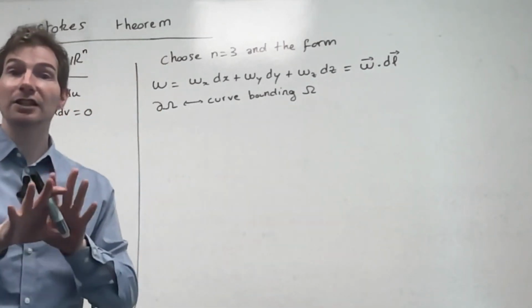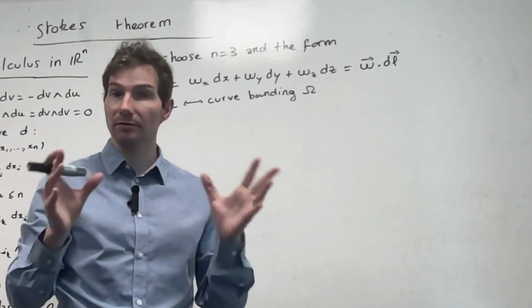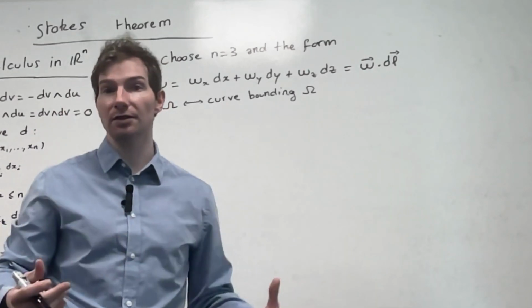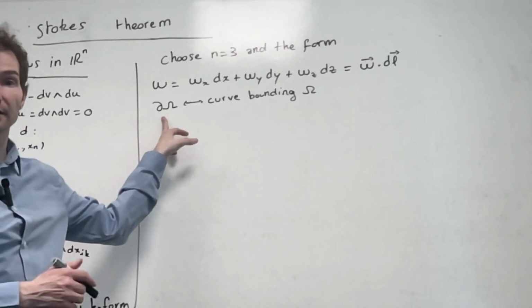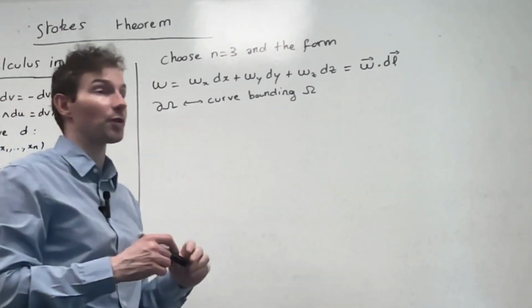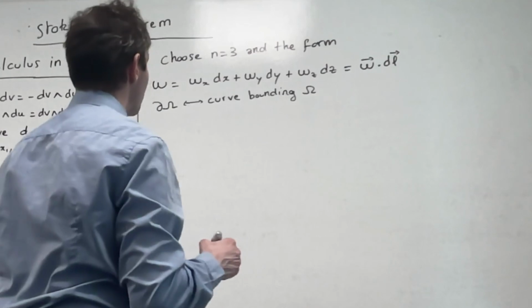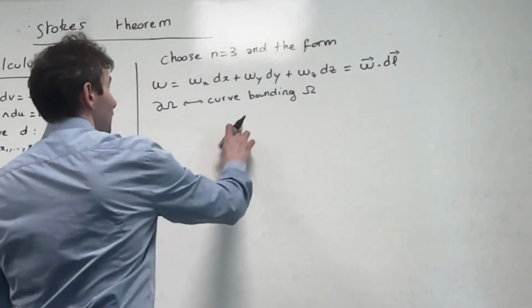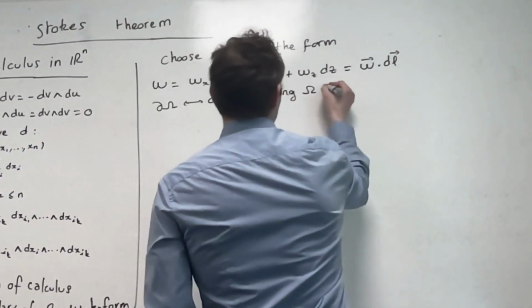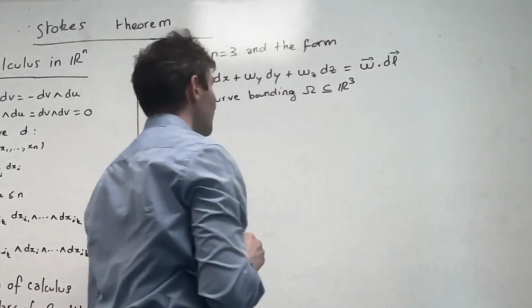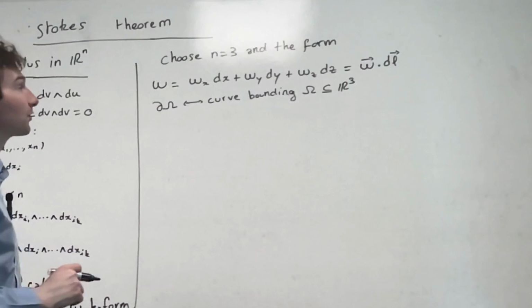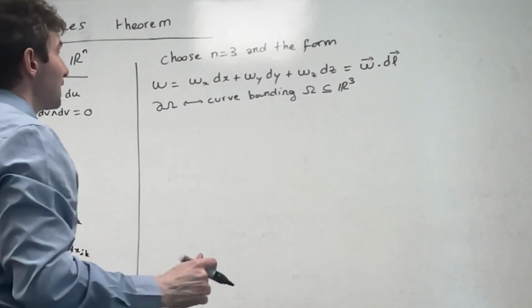Now the surface need not be planar. It can be a complicated surface in 3D, but it is bounded by this closed boundary curve, inside R3. And that's the surface omega. So that's kind of the idea.